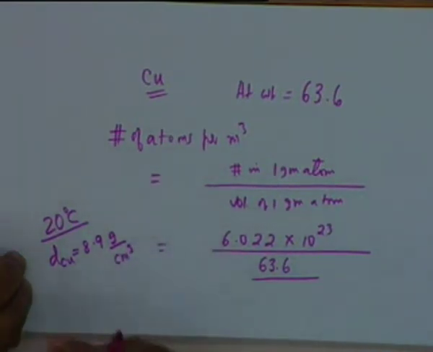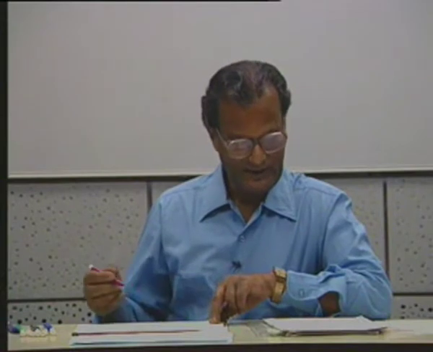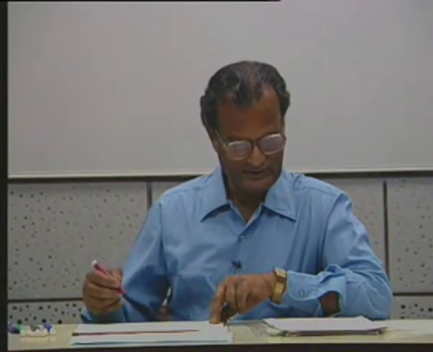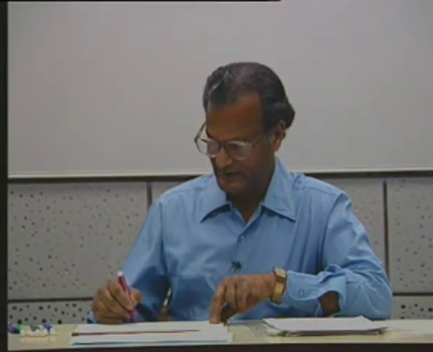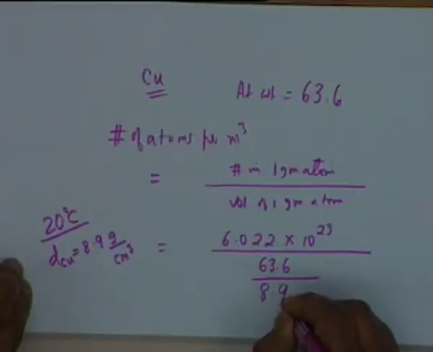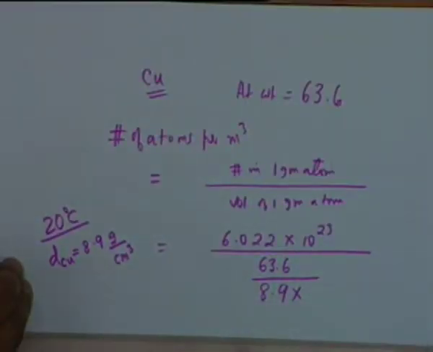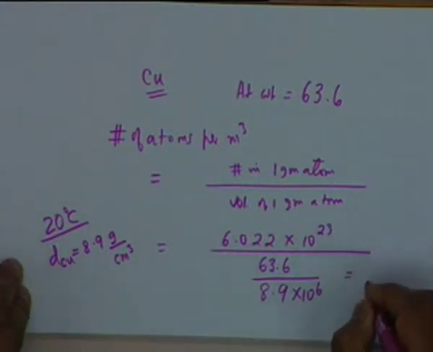This is how people still express the density. Well, you have to convert this to meter cubed, so the relationship is 63.6 divided by the density, which is 8.9 times 10 to the 6 gram per meter cubed, and this number comes out as 8.43 times 10 to the 28.